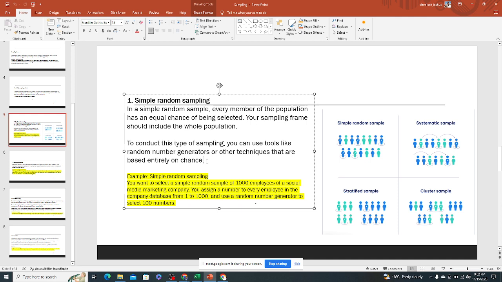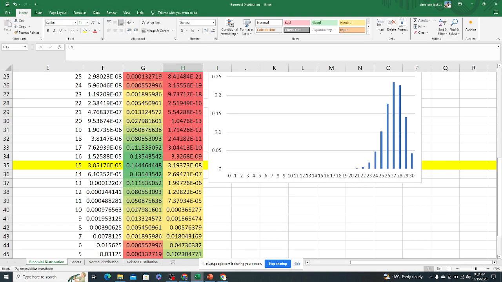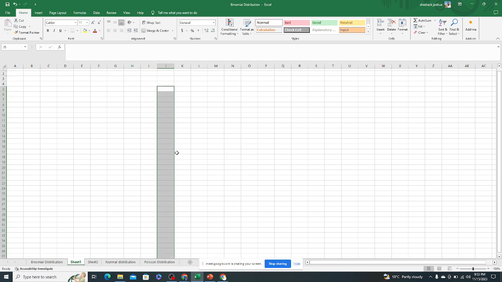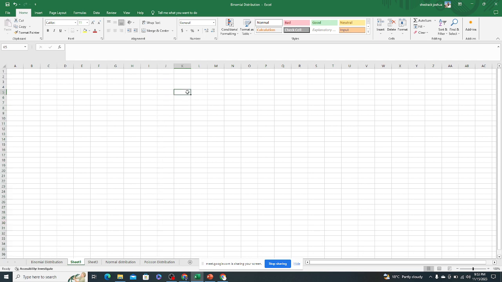For example, if I have a list of all these employees, let's say we have the names of the 1,000 employees, I might decide to give them a specific value, ranging from 1 up to 1,000.